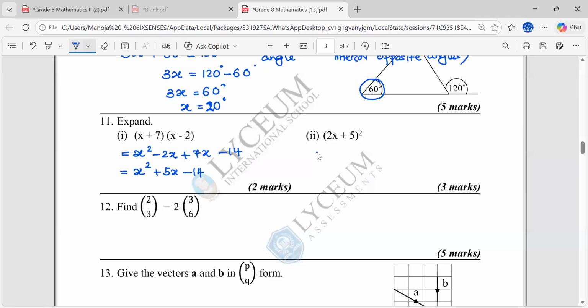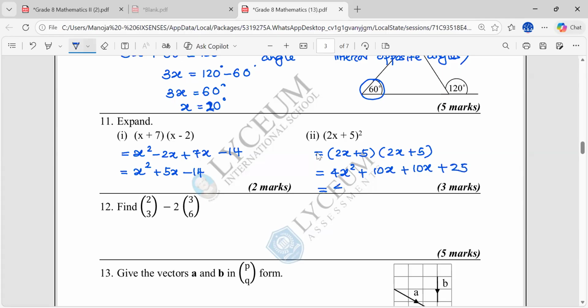And then this one you can write as 2x plus 5 times 2x plus 5. So then you can multiply them: 2x times 2x is 4x squared, 2x times 5 is 10x, 5 times 2x is 10x, and 5 times 5 is 25.